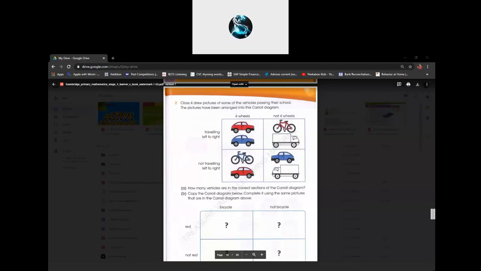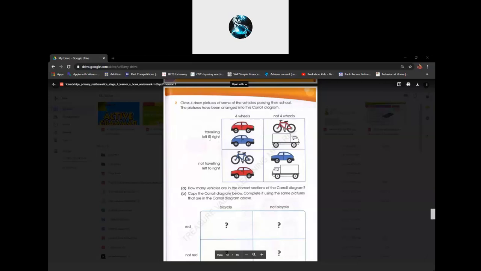And this one's wrong too, because it says not 4 wheels. These are 4 wheels. This is 4 wheels, but this is 2 wheels, and this is 4 wheels. But it says both of them have to be 4. So this one, both of these have 4 wheels. So this is the only one that's good.